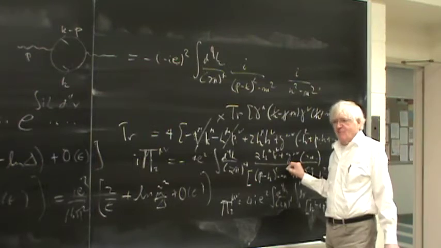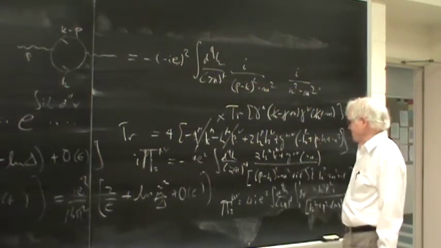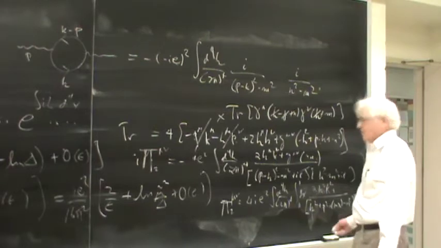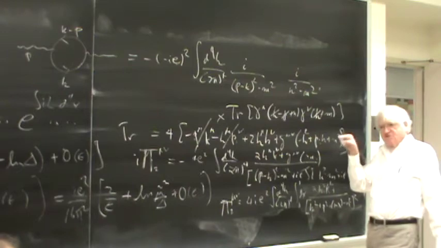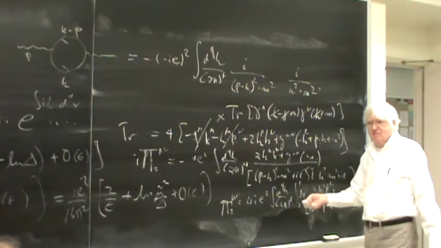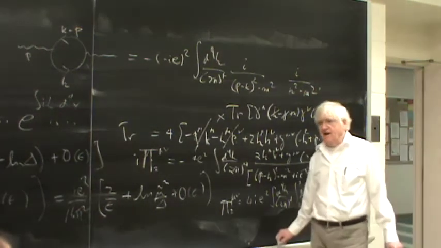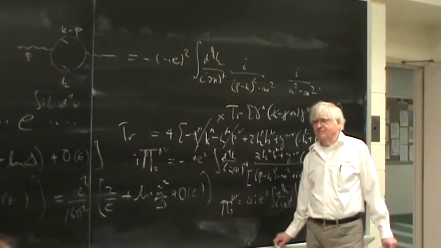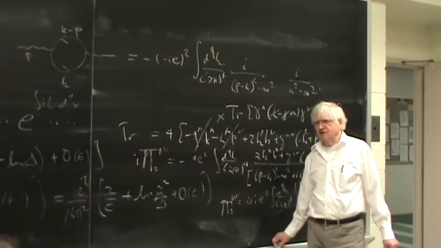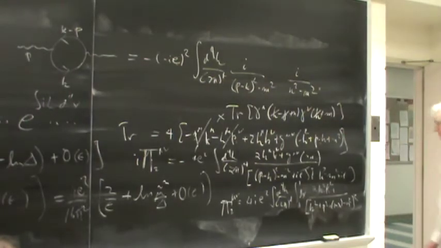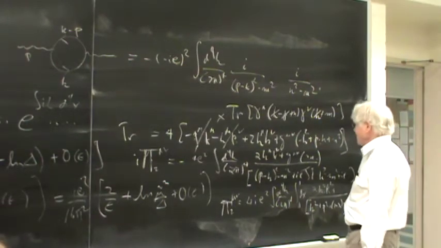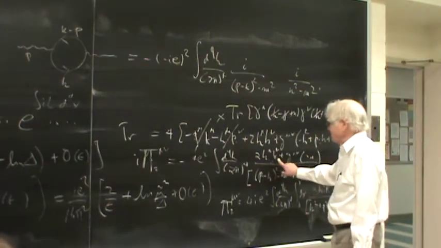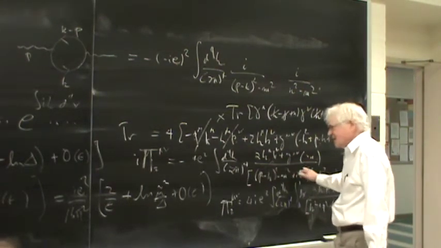Anyway, I think it's better, but I'm not able to carry that out because what I thought was that the only problem was the 2 over epsilon. That doesn't depend upon p. You differentiate, it goes away. And in fact, that trick doesn't work. But I think nonetheless, this thing looks as though it might be quadratically divergent, but it really isn't.